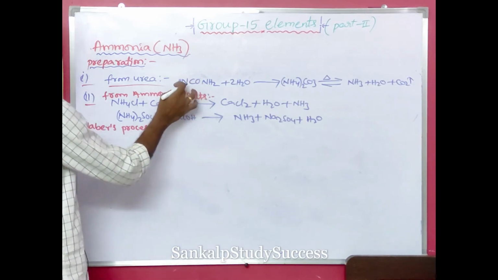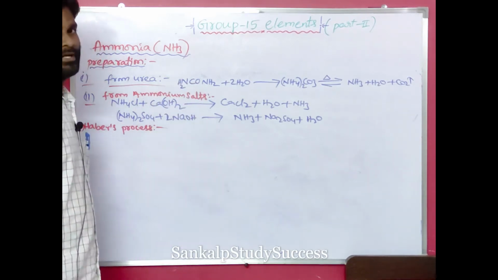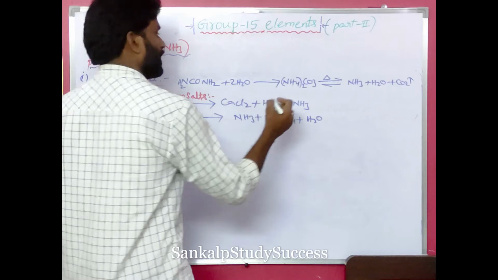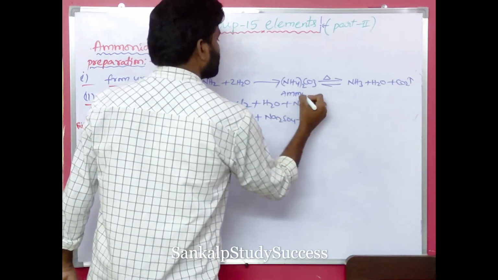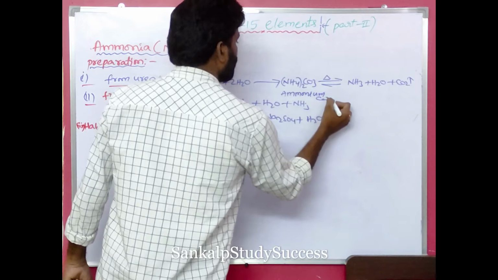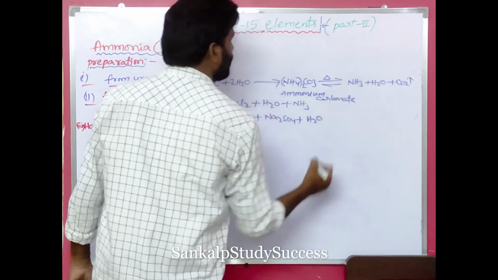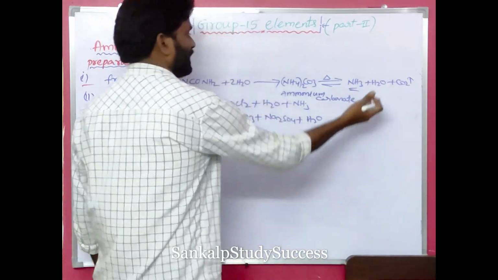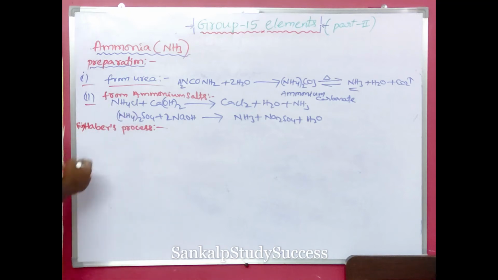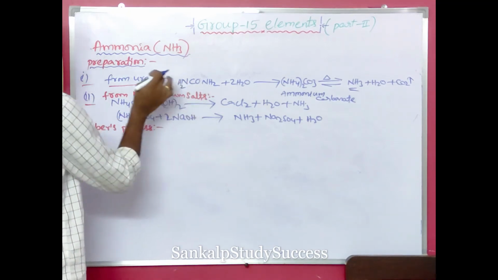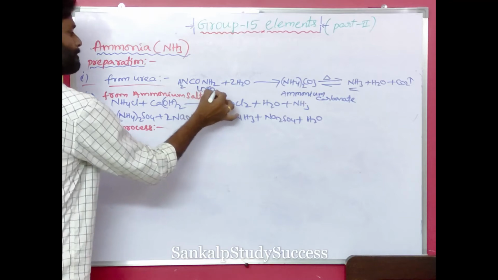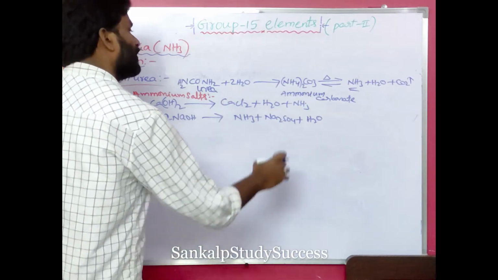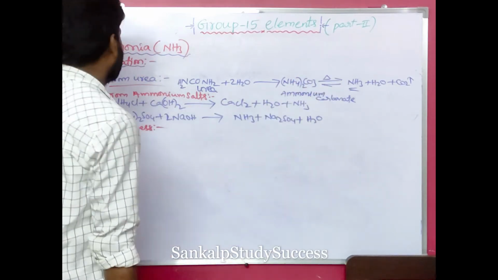C double bonded to O, with NH2 attached on both sides, is urea. It undergoes hydrolysis to produce ammonium carbonate, (NH4)2CO3, which decomposes to give ammonia and the remaining byproducts. This is the first method, from urea.